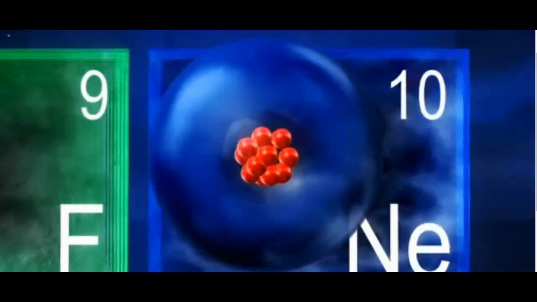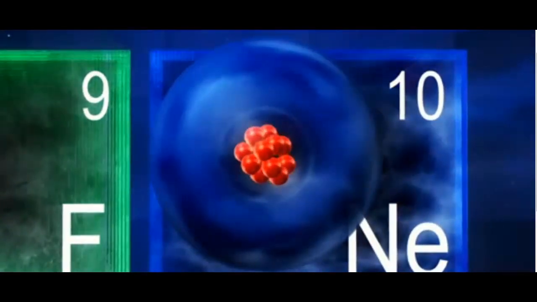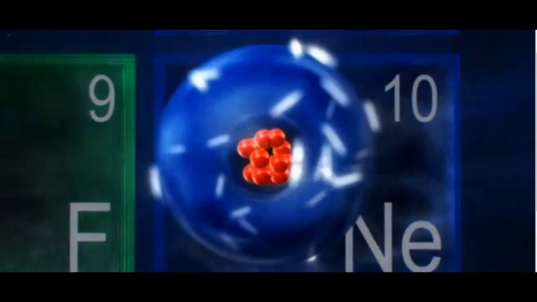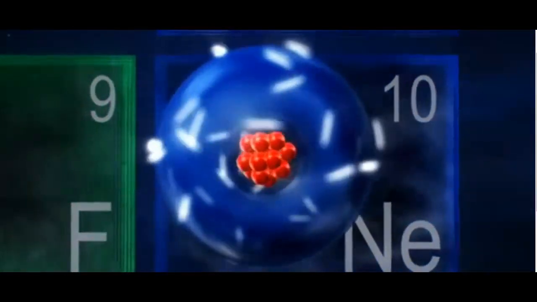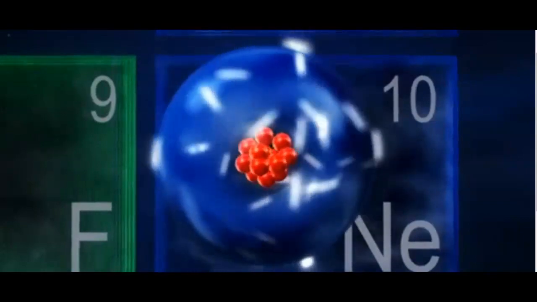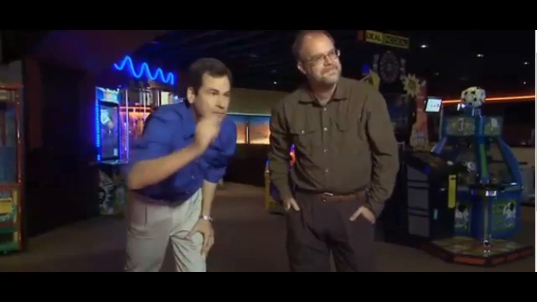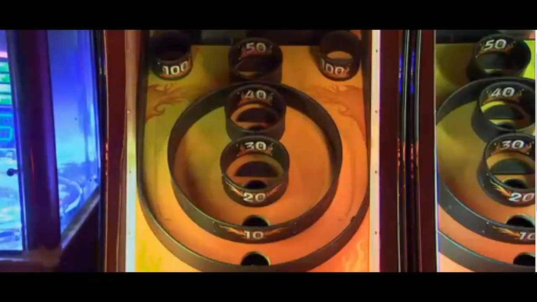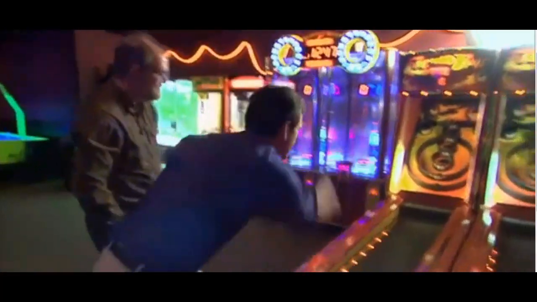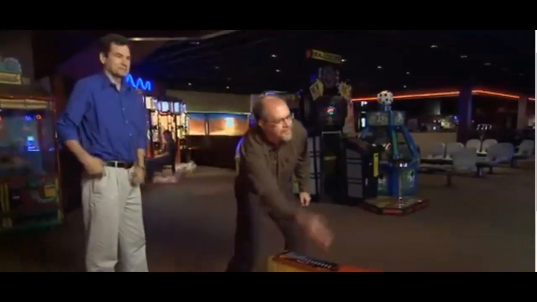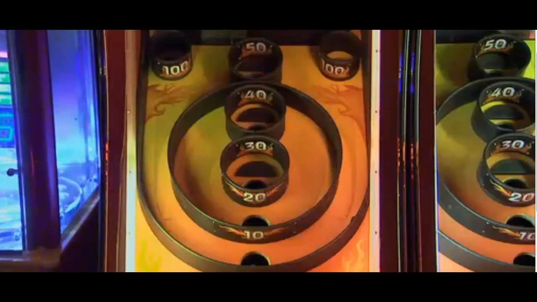As it turns out, protons may determine the identity of an element, but electrons rule its reactivity. And reactivity is a shell game. Here's how the game is played. Imagine that these balls are electrons, and the target is an atom. Electrons don't just pile on around the nucleus. As with skee-ball, where you land relative to the center counts.